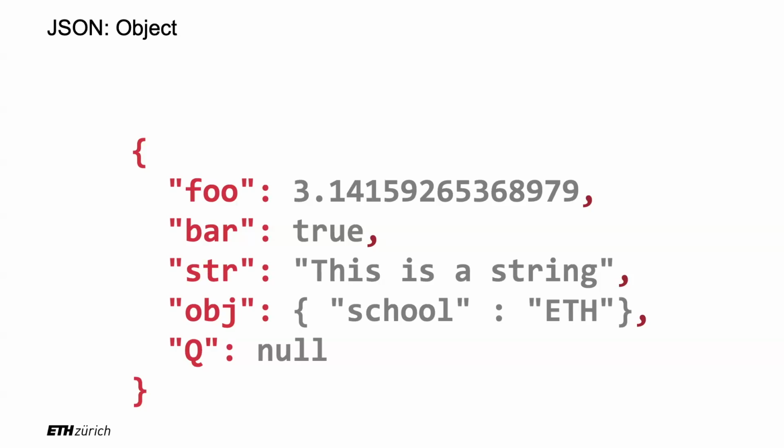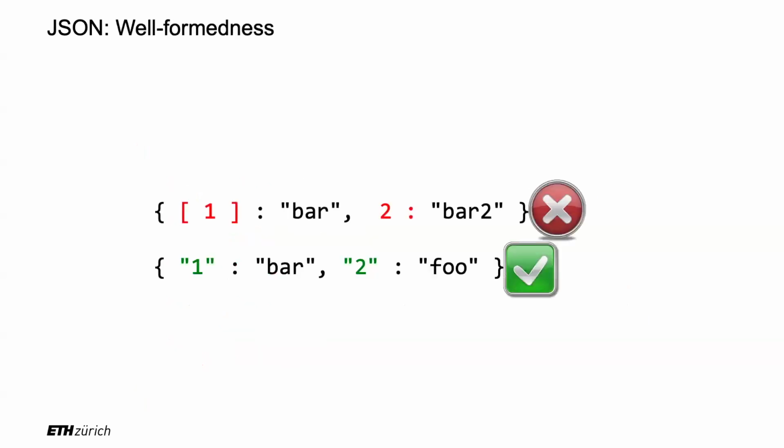But if you download a data set from the internet, be prepared for the fact that they may not have quoted all the keys or that they may have single quoted the keys, right? So this is why some libraries accept it. So there is a bit of flexibility. But again, my advice, always double quote your keys if you create JSON.